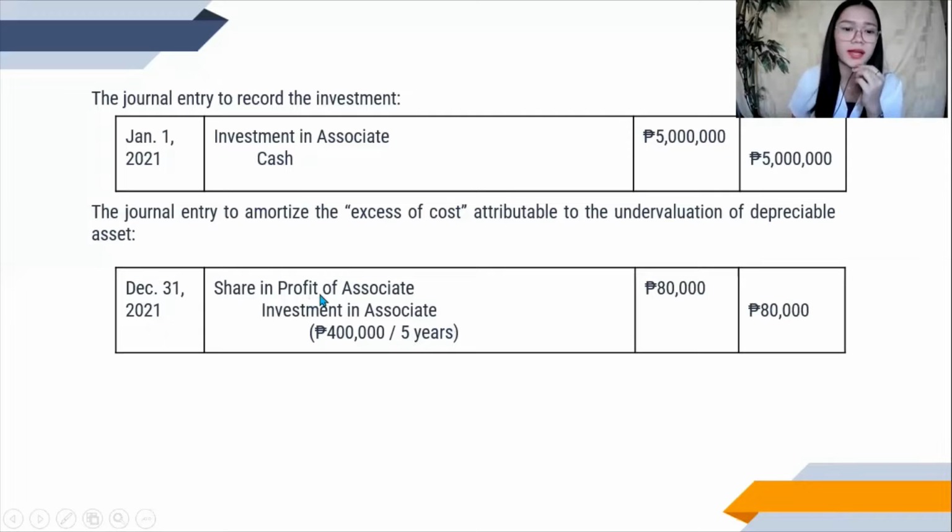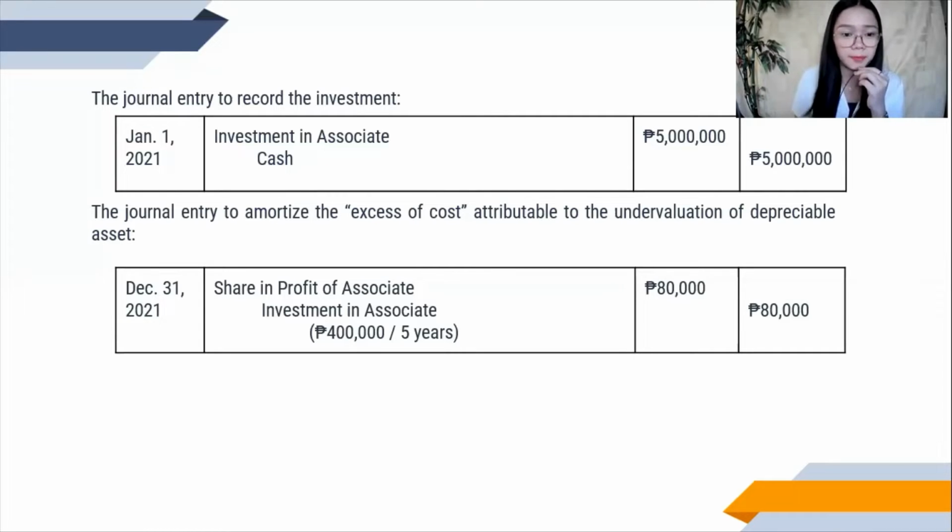Bakit nabawasan? Di ba sabi nga natin kanina na mag-a-adjust tayo sa ating investment in associate na account based doon sa changes sa equity ni investee. Ano nga ba yung changes na naganap doon sa equity ni investee? So, naka-undervalued yung kanyang depreciable assets or yung intangible assets. So meaning yung depreciation or amortization ng mga item na yun is also naka-undervalued.